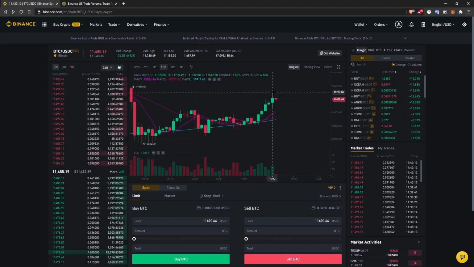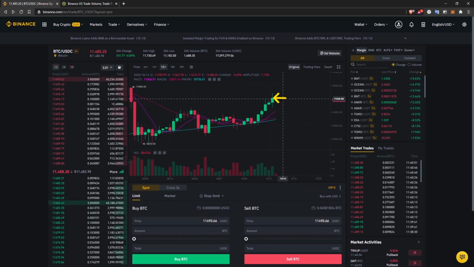These thin lines, you can see they are called wicks, and on top is the high price that it reached, and on the bottom is the lowest price that it reached. I'm not overlapping with it so you can see it, but at this level right here is the low of the day. And what's thicker in the middle right here is the close price, and down below is the open price.